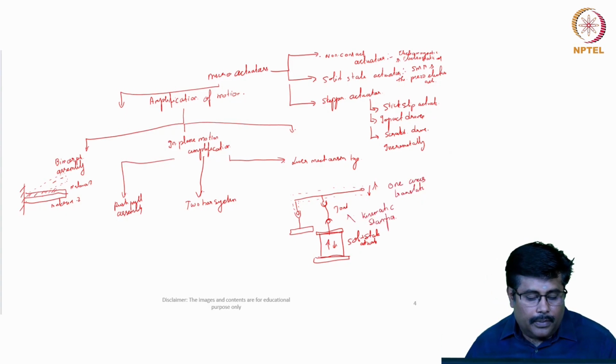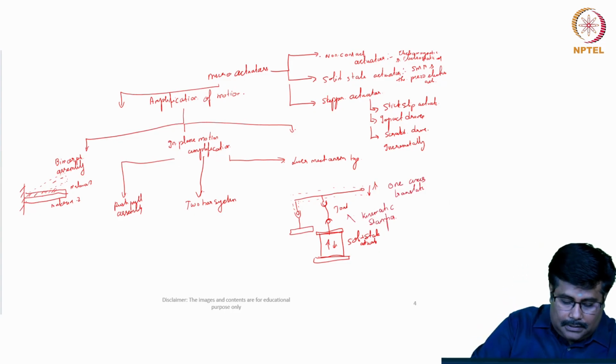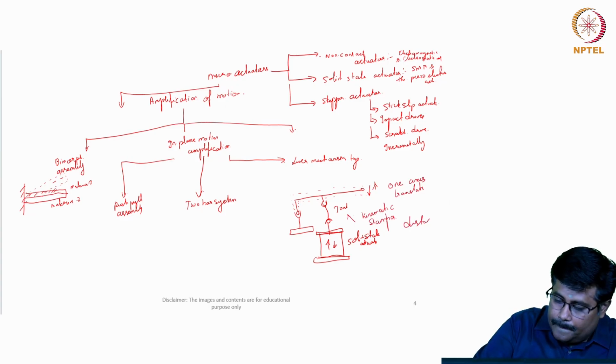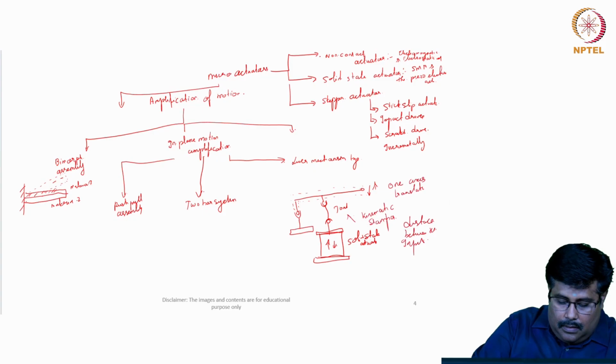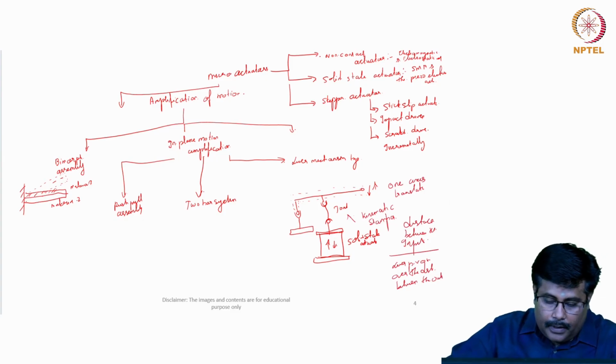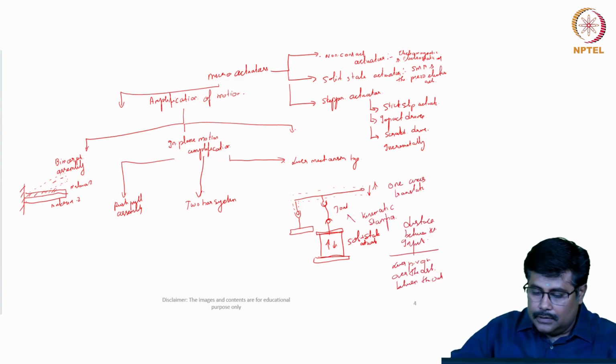So the scaling ratio between the input and the output is simply the relationship between the distance between the input and the lever pivot over the distance between the output. Okay, so like here in this particular case, this is one arrangement.